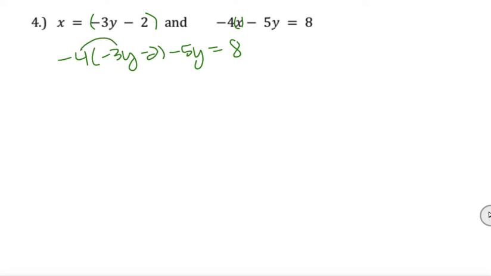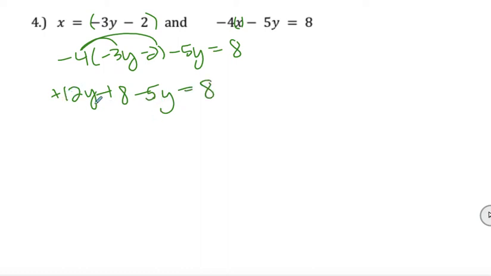Distribute the negative 4 times both terms. Make sure you pay attention to signs. Negative 4 times negative 3 is a positive 12y. And negative 4 times negative 2 is a positive 8. And I still have my negative 5y and my 8 here.